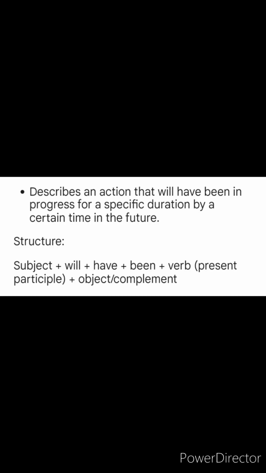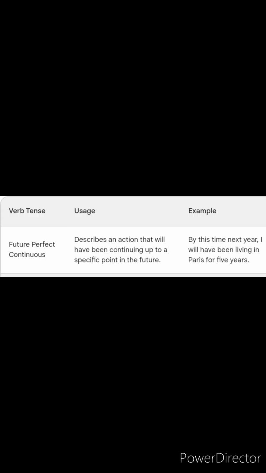Here comes the last part of the video, future perfect continuous tense. It describes an action that will have been in progress for a specific duration by a certain time in the future. The structure goes like this: subject plus will plus have plus been plus verb in present participle plus object or complement.